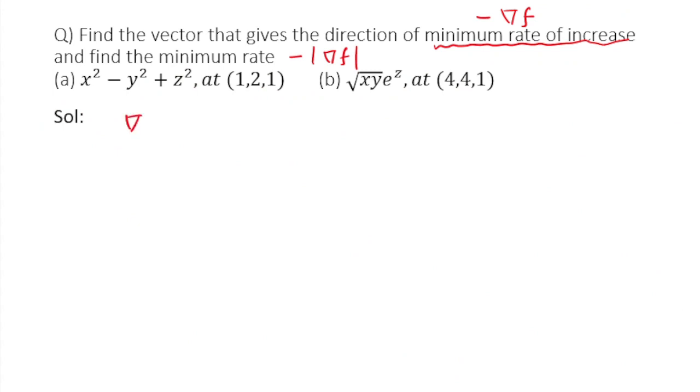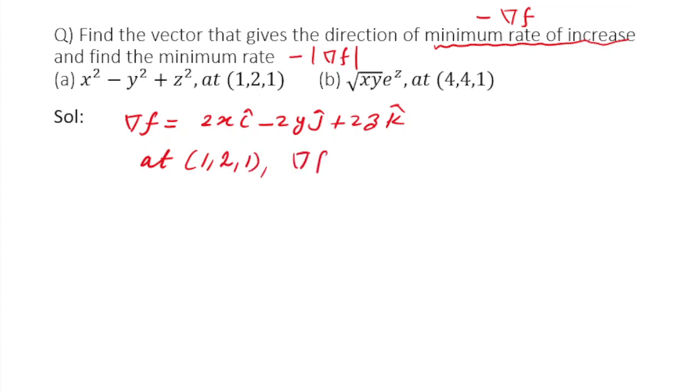Okay, so let us solve this. First we calculate del f. So del f, I can write quickly now, is 2x i minus 2y j plus 2z k cap, right? And at point (1, 2, 1), del f will be equal to 2i minus 4j plus 2k. So this is point number 1.